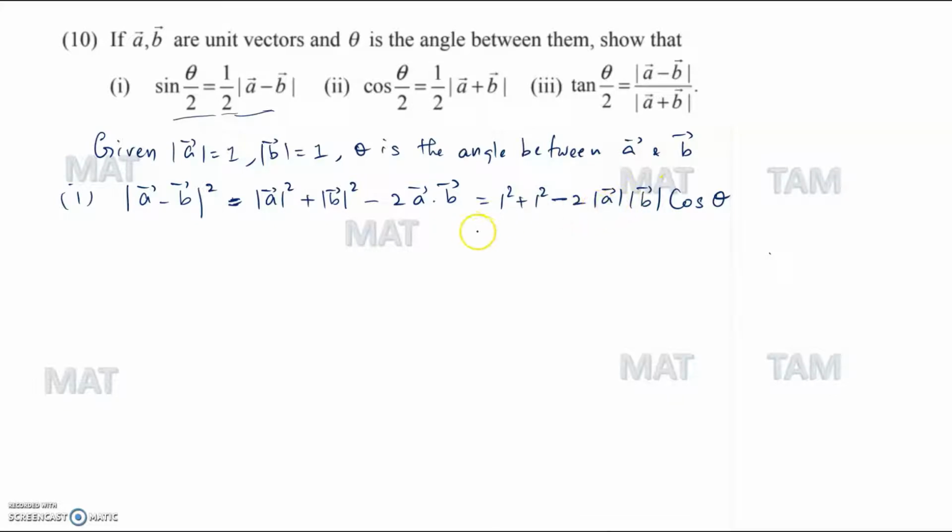So further we can say this is 2 minus 2 times cos theta.